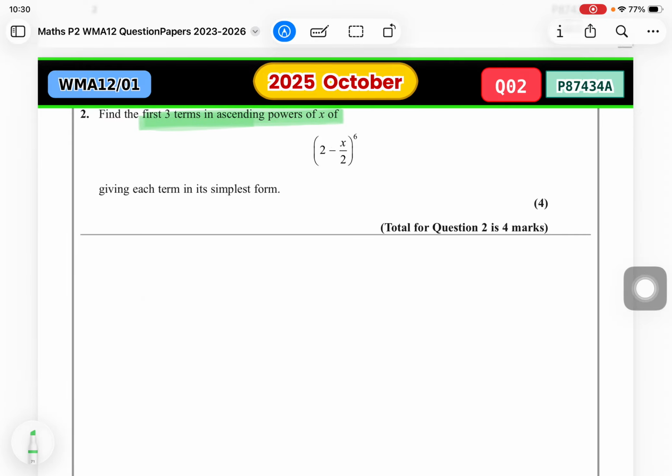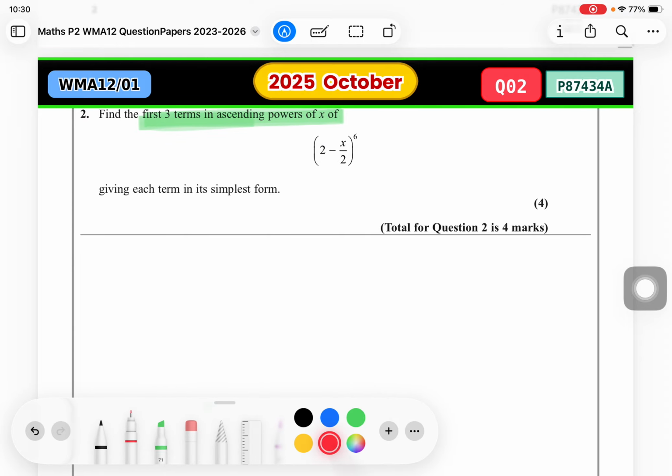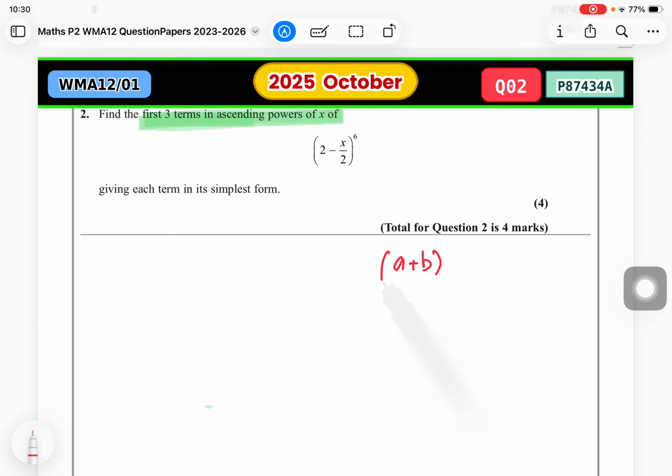Since it's ascending powers, we know the common theory is that whenever we have (a plus b) to the power n, what we would have is sigma r from 0 to n with the nCr notation. It will be a to the power n minus r and b to the power r.